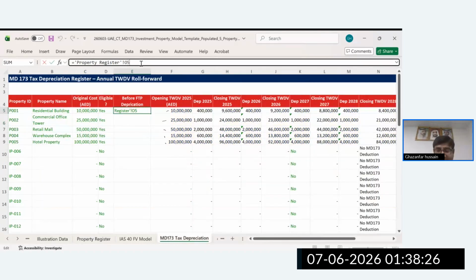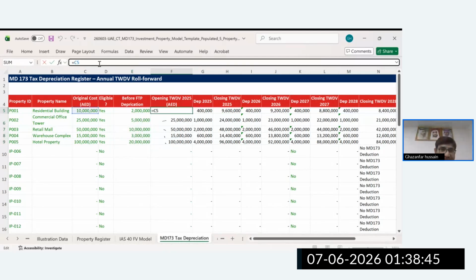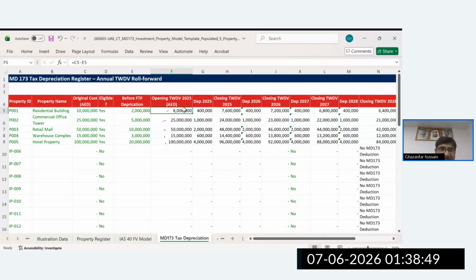We will multiply by 5, right? If we apply the same formula up to here, our depreciation before the first tax base is ready. So now if we update our assumption, this part was missing, so now we have updated it, right?